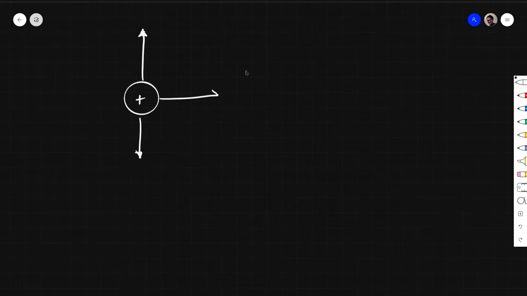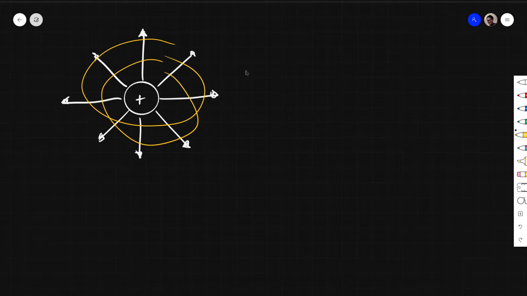Something like that, right? So this area outside the circle, everything that's here outside the circle is what we call the electric field.